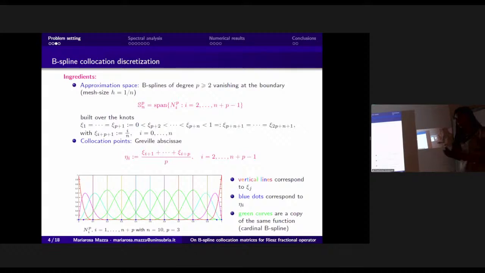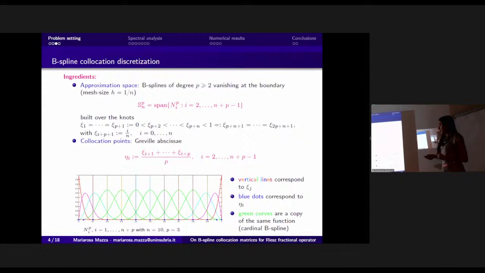As I said at the very beginning, our interest is to see what happens to the fractional derivatives and to the Riesz operator when we go for a B-spline collocation discretization. This means that we need to introduce two objects, the approximation space and the collocation points. About the approximation space, we go for the B-splines of degree p greater than or equal to 2 that vanish at the boundary. This way, the boundary conditions are automatically satisfied.